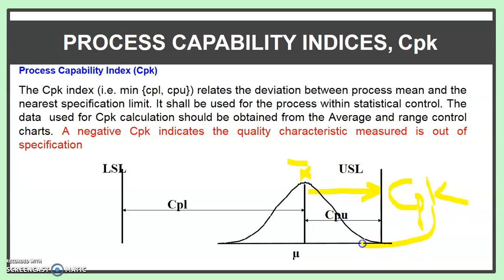CPK is divided into 2. One is CPU, that means the upper one, and CPL, the lower one, divided by 3 sigma. Because your graph has 3 sigma here and 3 sigma here, the total becomes 6 sigma, which was mentioned in CP before.